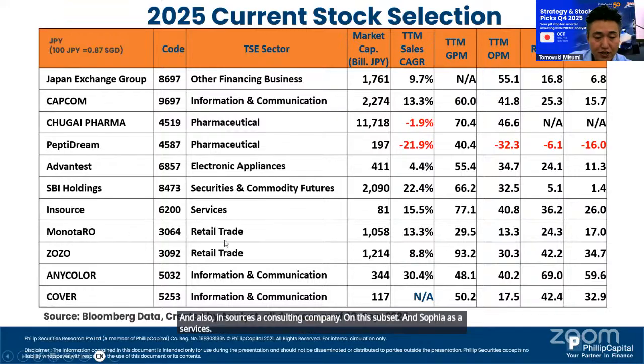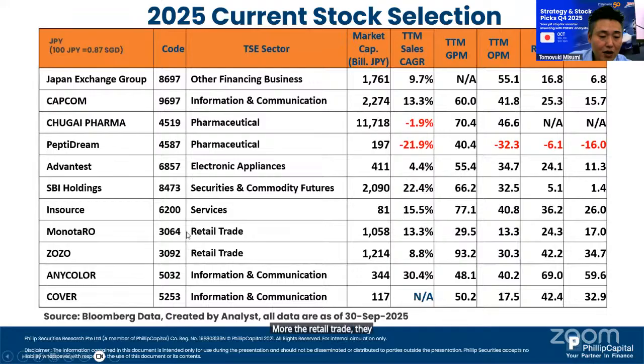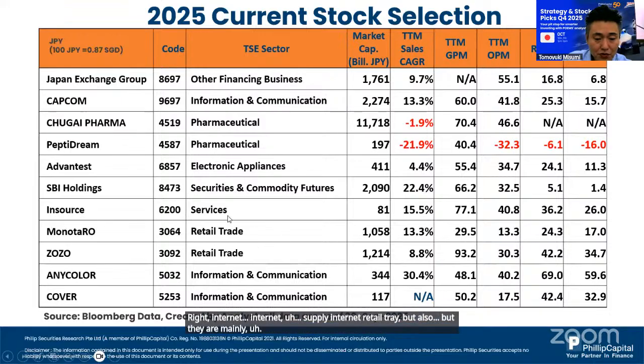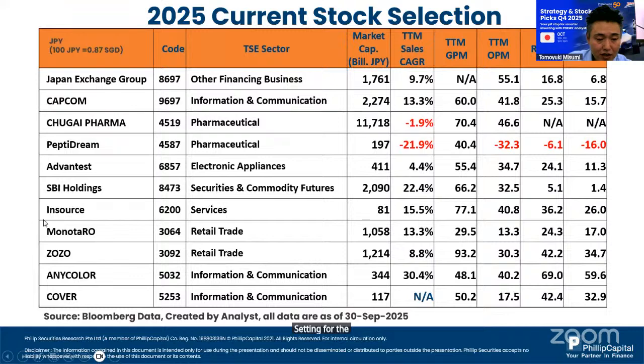More on retail trade: it's like an Amazon-style company, internet supply and internet retail trade, but they mainly sell to enterprises or small and mid-sized businesses, with materials like nails, bottles, construction and utility materials.